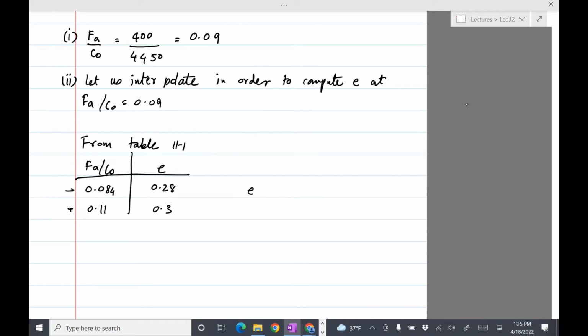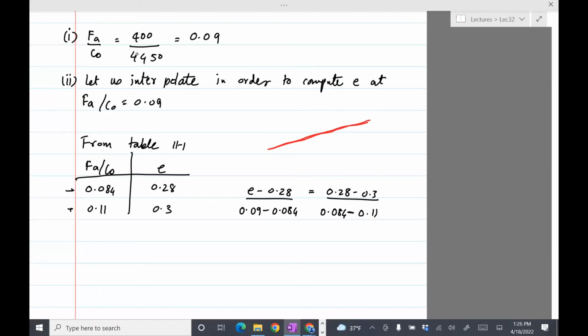And so the equation is E minus 0.28 over 0.28 minus 0.3 equals our FA divided by C0, 0.09 minus 0.084, over 0.084 minus 0.11.